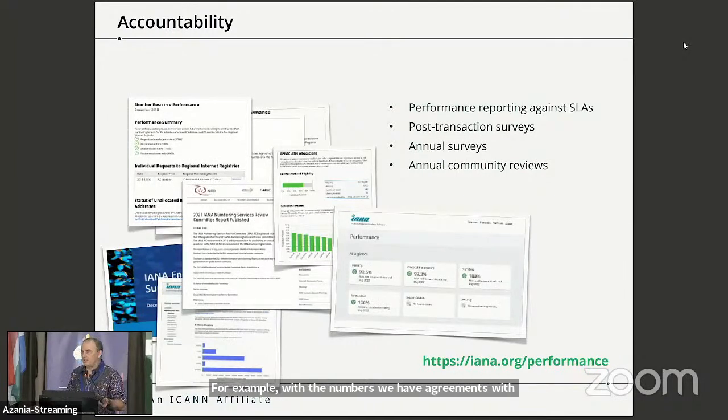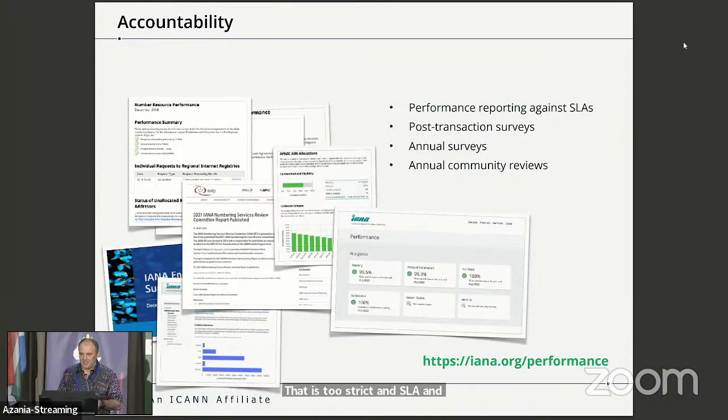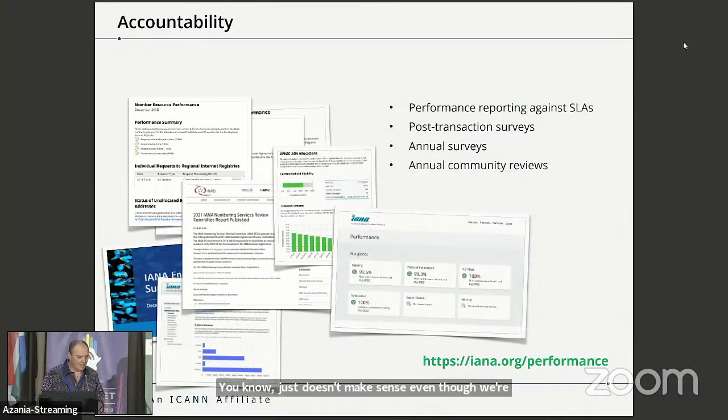There are SLAs, service level agreements, and we give out regular reports on what those are, and they get adjusted as appropriate. We've not had many adjustments to them. When we've done adjustments, it's like, that is too strict an SLA, and it just doesn't make sense, even though we're meeting it. IANA has met 100% of their SLAs.